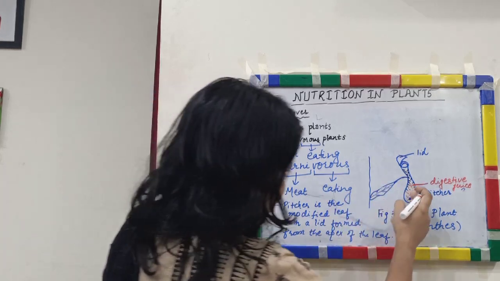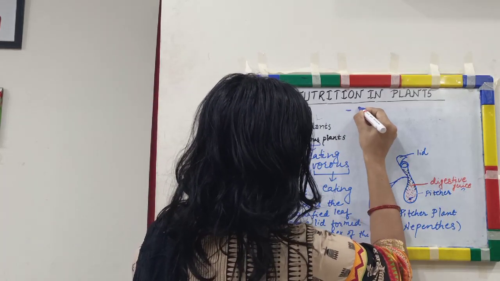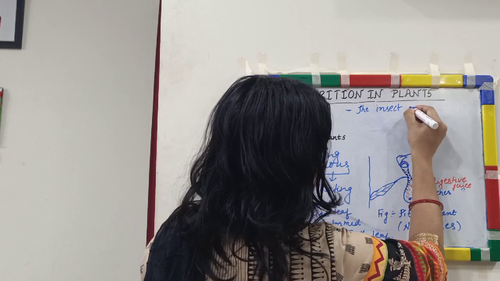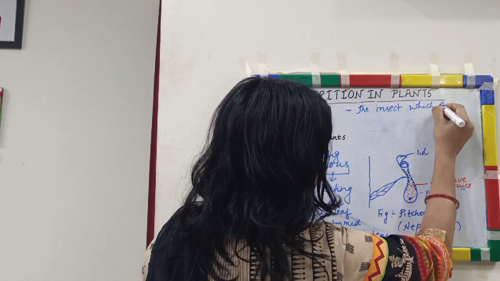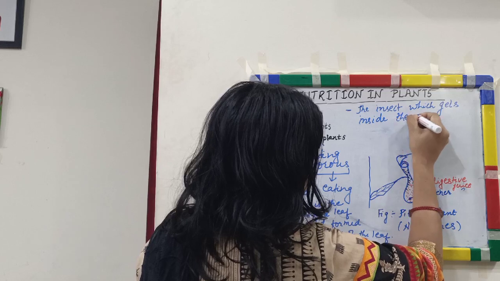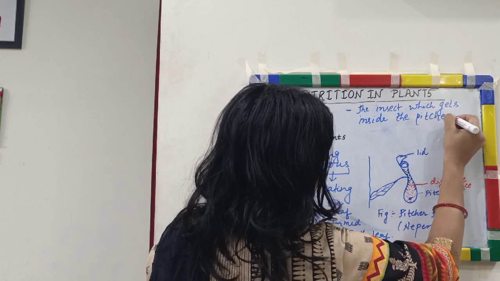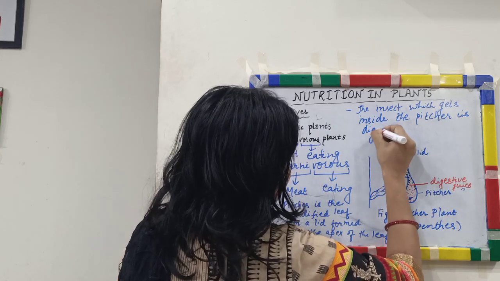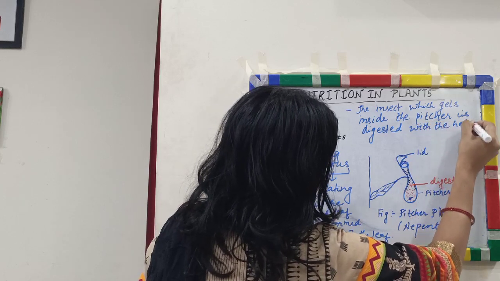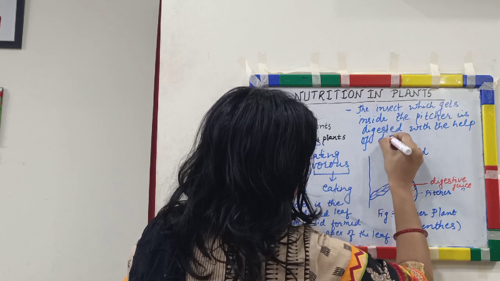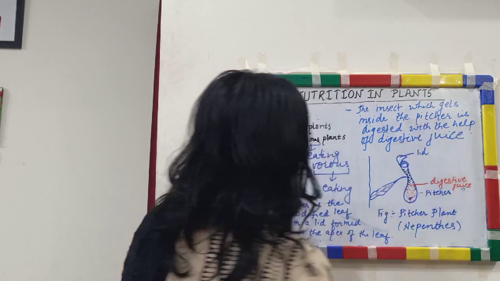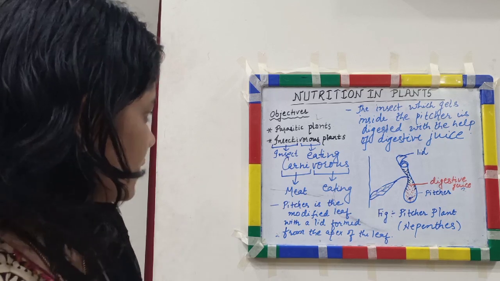And what happens to the insect which comes inside this pitcher? The insect which happens to get inside the pitcher is digested with the help of digestive juices. And what is the need of digesting insects?